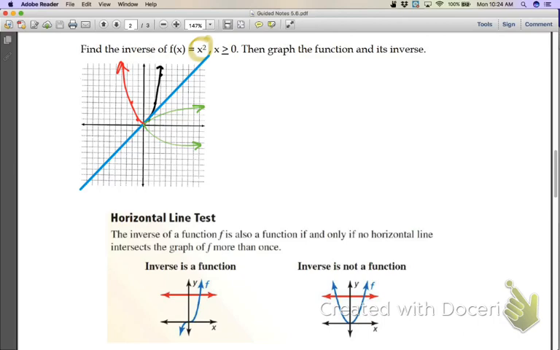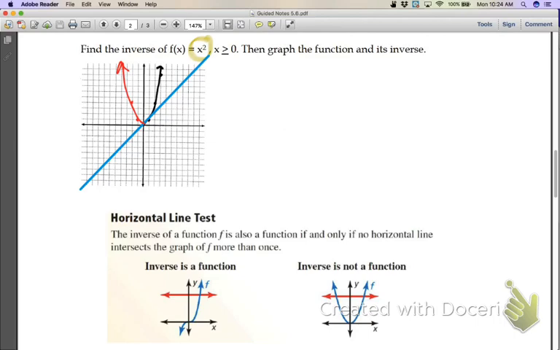Okay? Because of that red portion, the negative portion of my original function, if I did the inverse, the green one is not going to pass, because the full thing isn't going to be a function. So that's why I can only stick with one part of it and not both sides. I can only look at the values when x is bigger than, excuse me, greater than 0, when they're all positive.